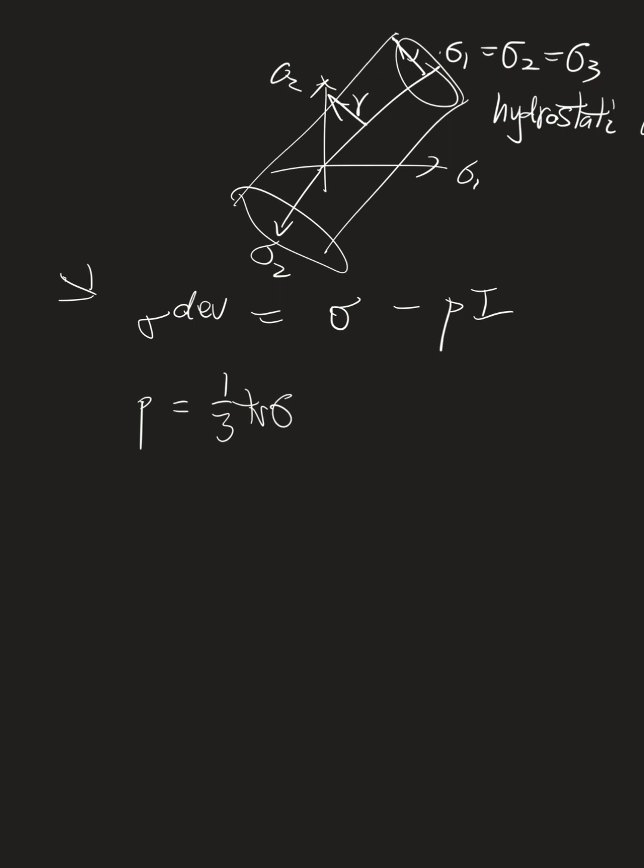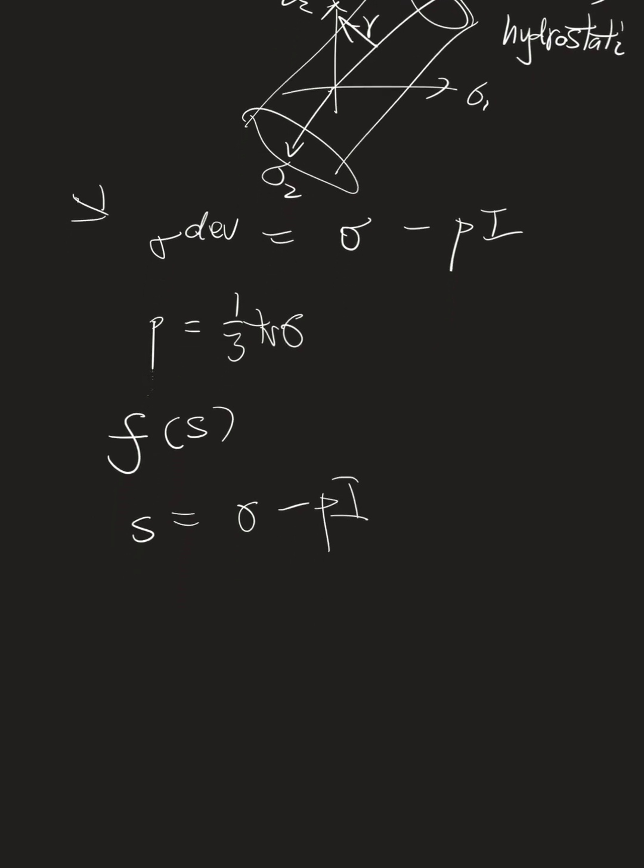Now what we need is to write the yield surface as a function of S, where S is simply the deviatoric stress, sigma minus P times the identity. Because the stress has the trace part taken out, it will be independent of the pressure behavior, but the deviatoric stress is still a tensor, so it's not so convenient to use.